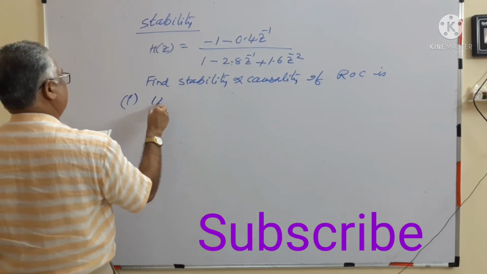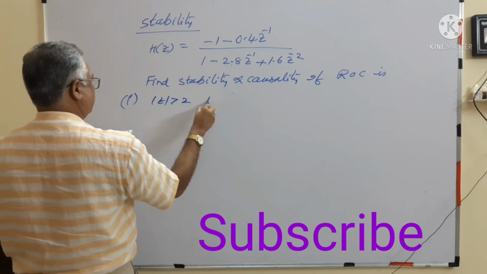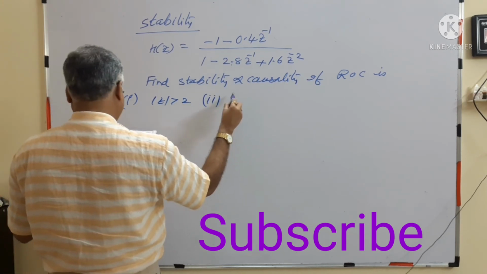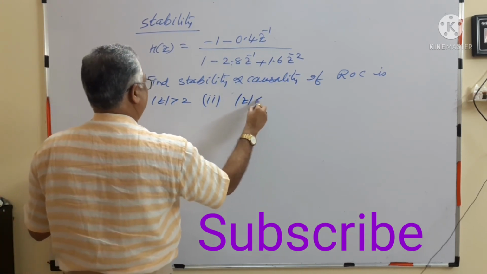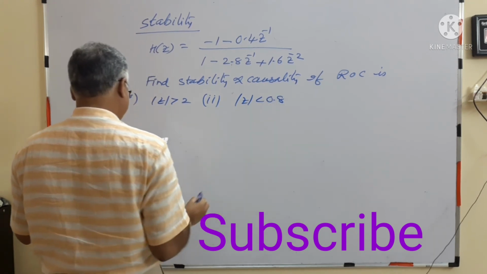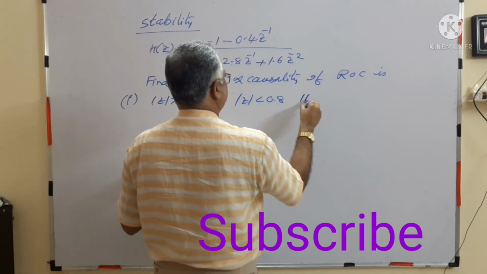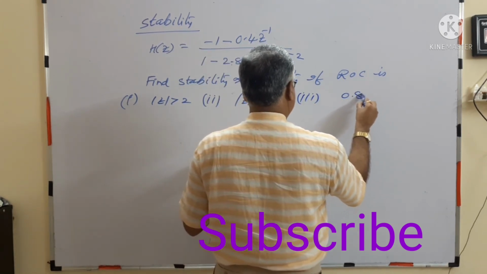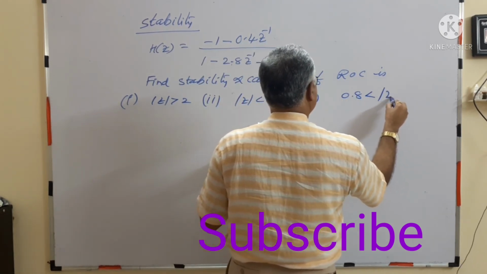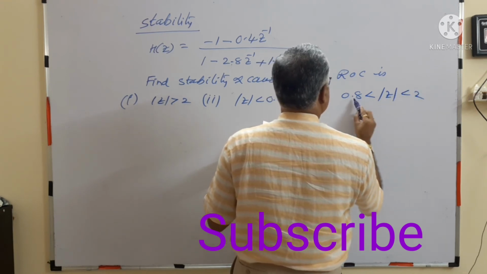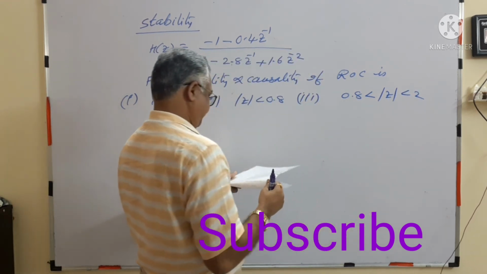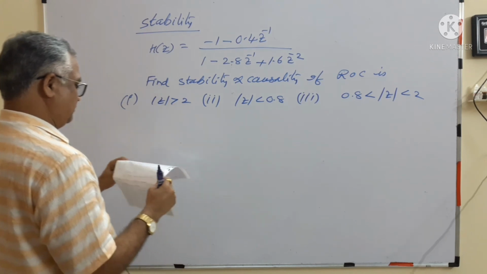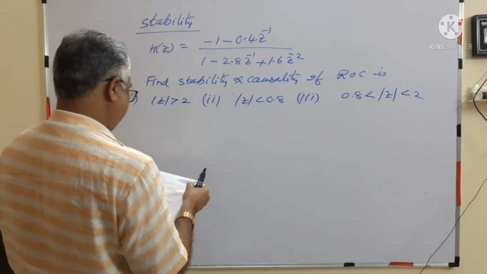First case, mod Z greater than 2. Second case, mod Z less than 0.8. Third case, between 0.8 and 2.